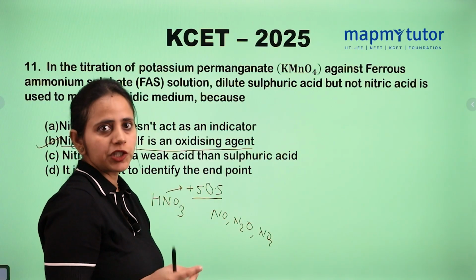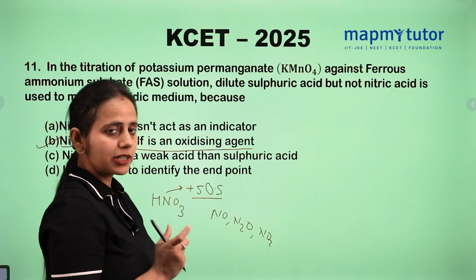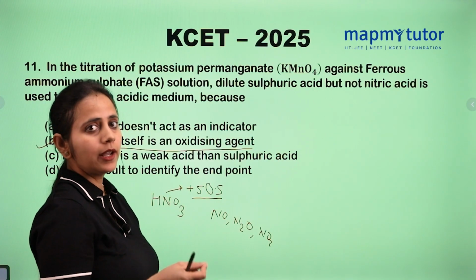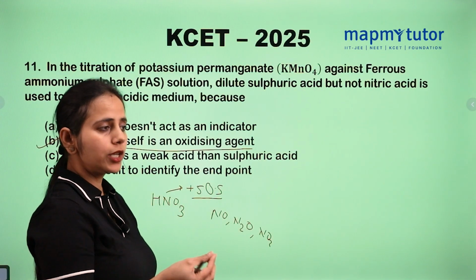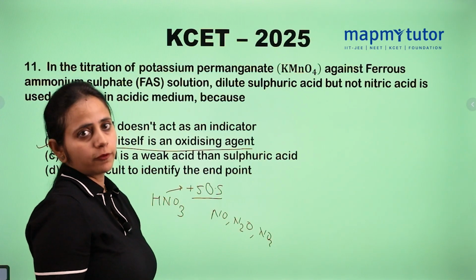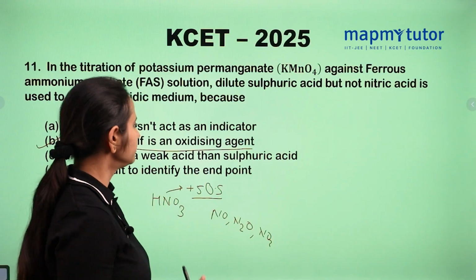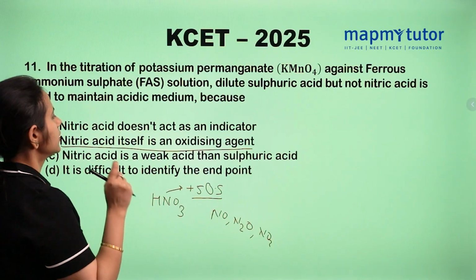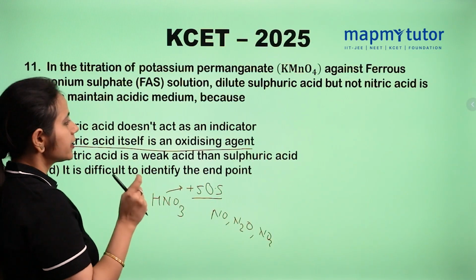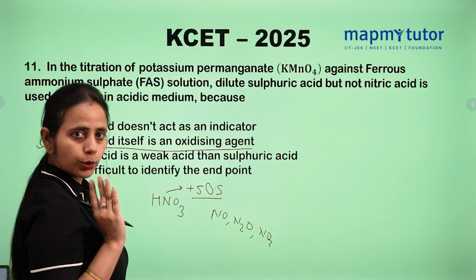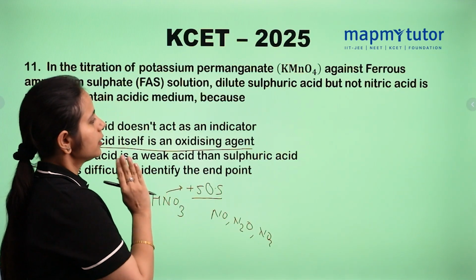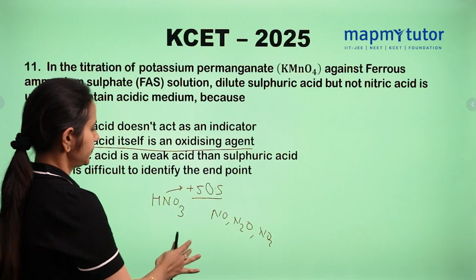It releases chlorine, which acts as an oxidizer. So in such reactions, when permanganate and FAS solutions are included, we use H2SO4 as a safer option. Keep in mind that nitric acid is an oxidizing agent, and we don't use it in such titrations.